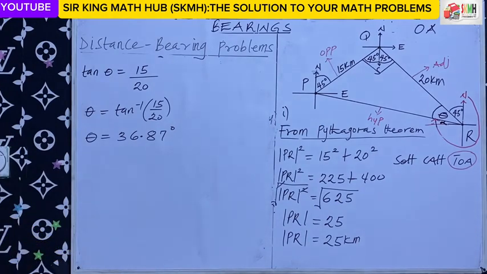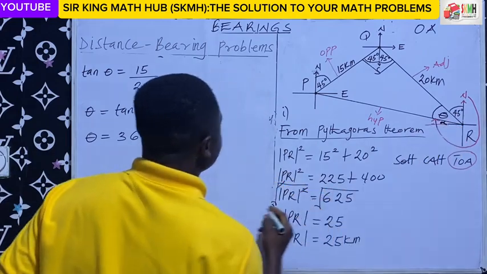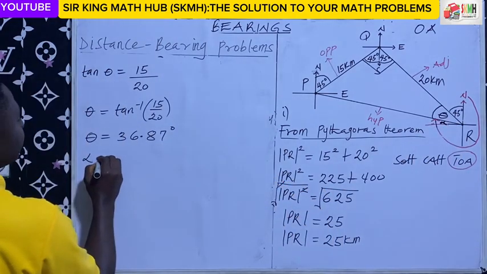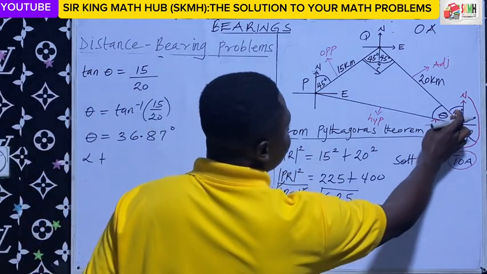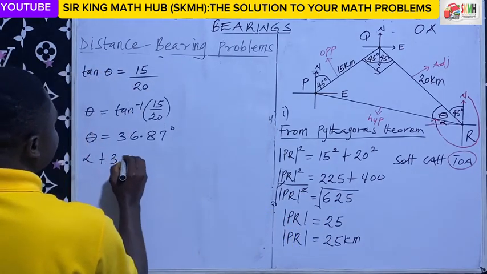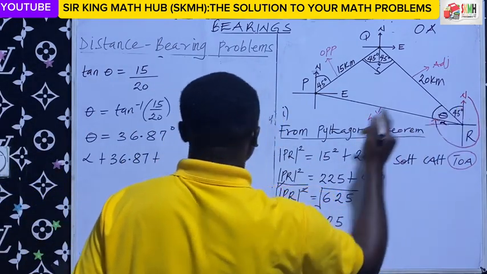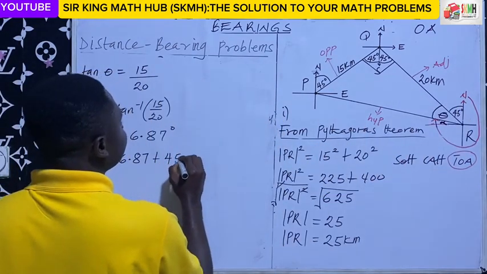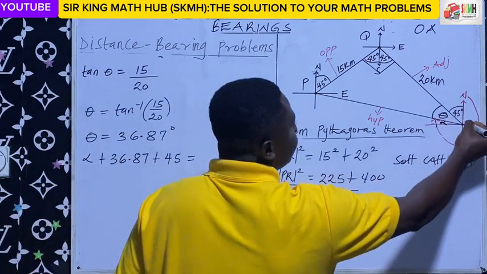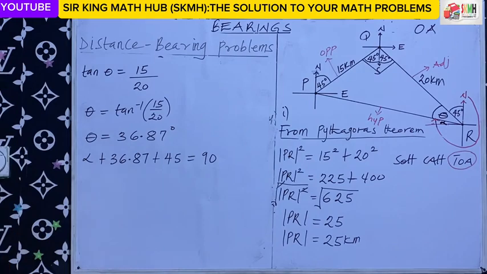So from this quadrant, we know that alpha plus theta, which is 36.87, plus 45 degrees must be equal to the total measure of a quadrant, which is 90.